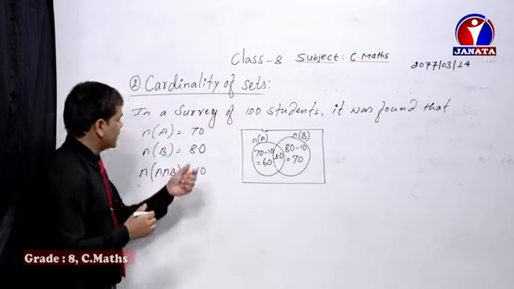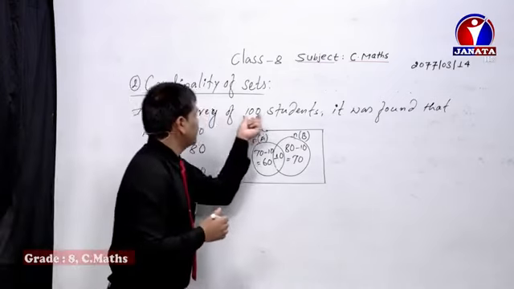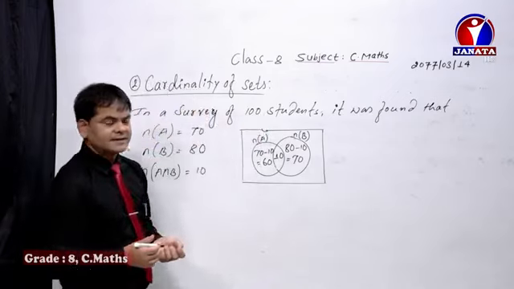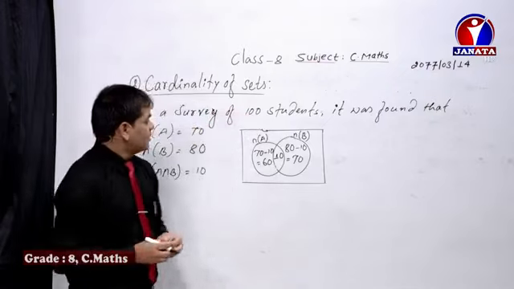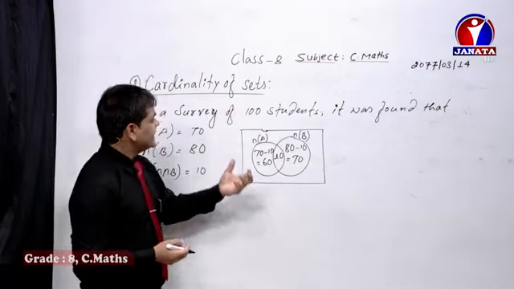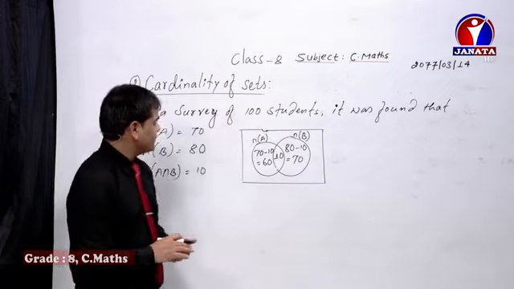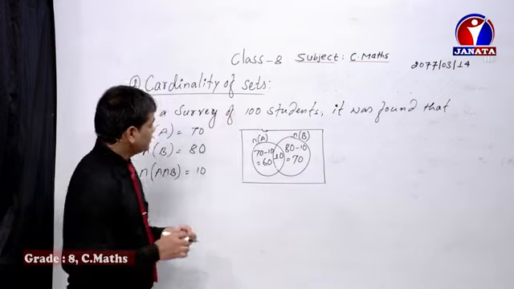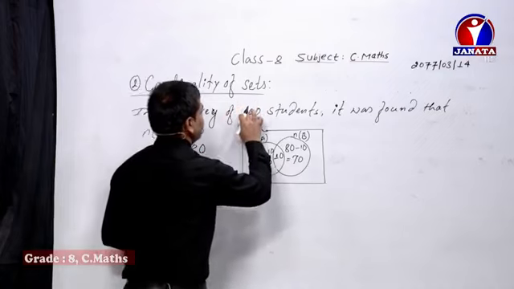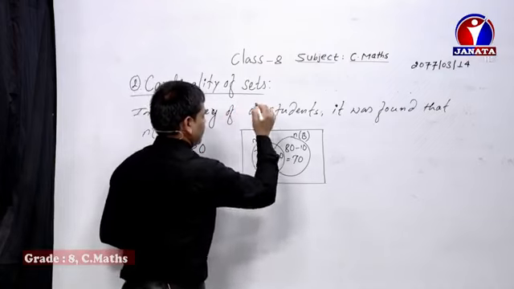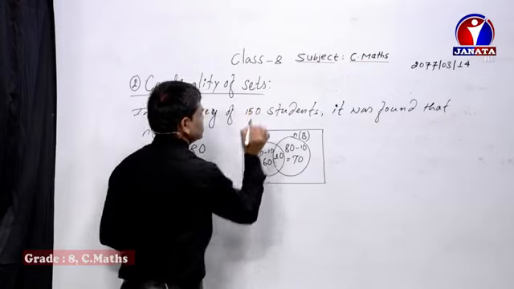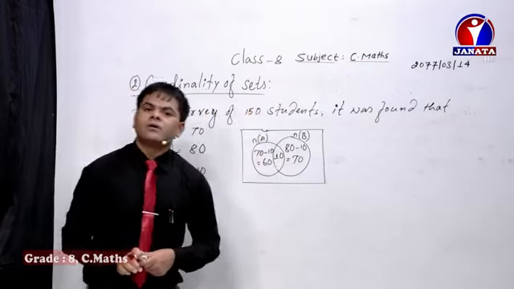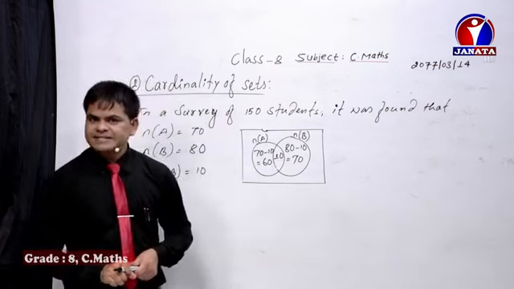And then after, dear students, another thing is, in case of universal set, in a survey of 100 students, it means the total number present in this Venn diagram is to be 100. So dear students, rather than writing 100, I am going to keep a little bit more so that it will be easier, 150, so that the countable number won't become negative.